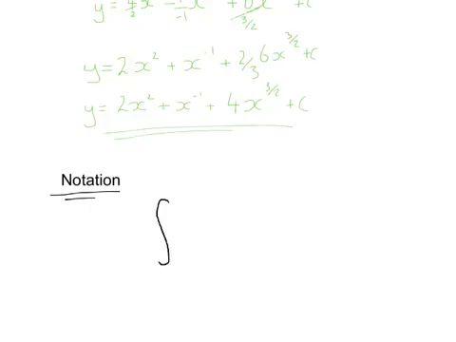So you're going to integrate something, and let's integrate something nice and easy. Let's integrate 2x cubed plus x, and work out what it becomes. The thing that we do is we also put a little dx on the end.